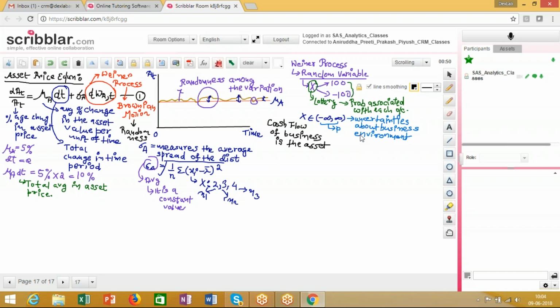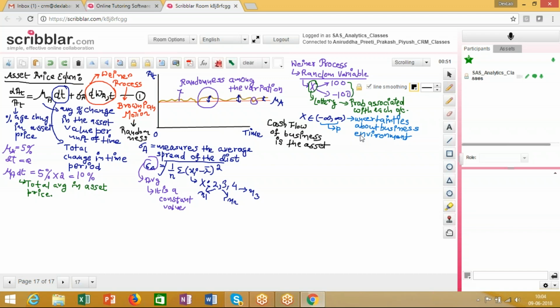Now there would also be a variation about the cash flow, correct? If I see that there is a variation in this cash flow, then what are we supposed to do?